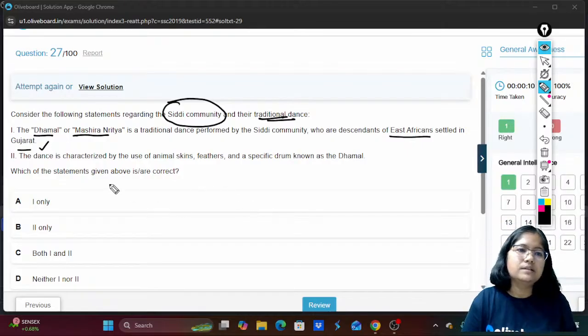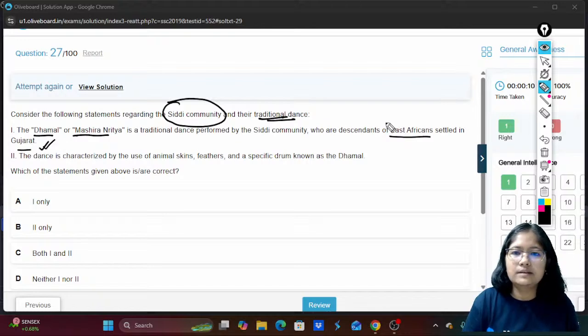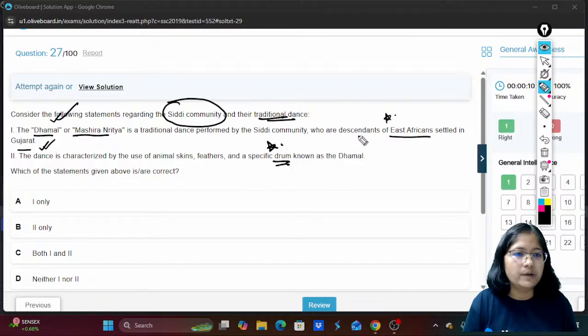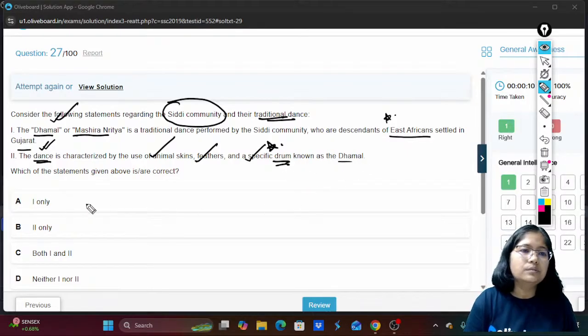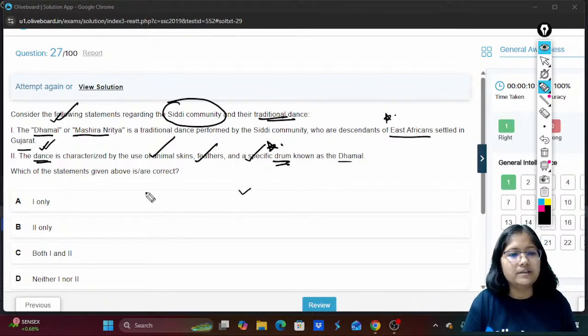Coming to this one, Gujarat, yes, correct. East African descendants in Gujarat, and Dhamal is the name of the instrument. It is the drum, and it is also the dance form. This dance is characterized by the use of animal skin, feathers, then specific drums, which is known as the dhamal. So this statement is also correct. Both statement 1 and statement 2 are correct.